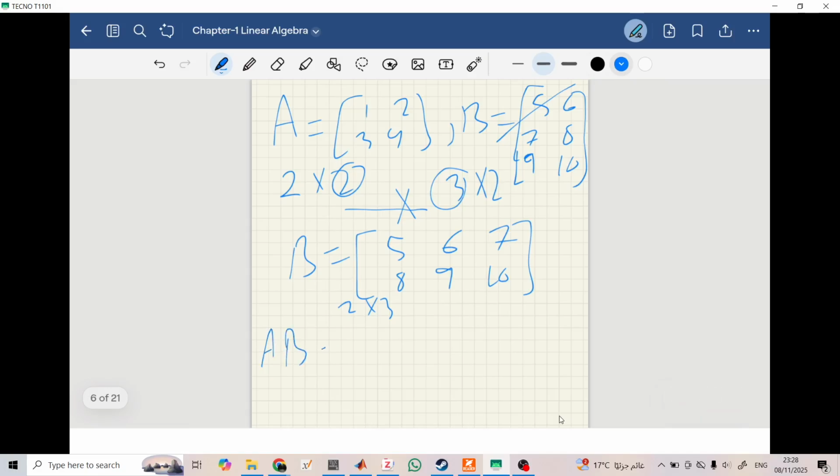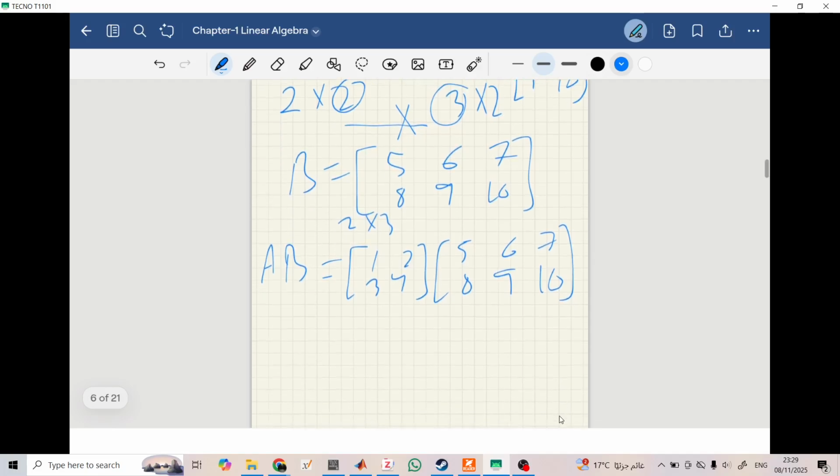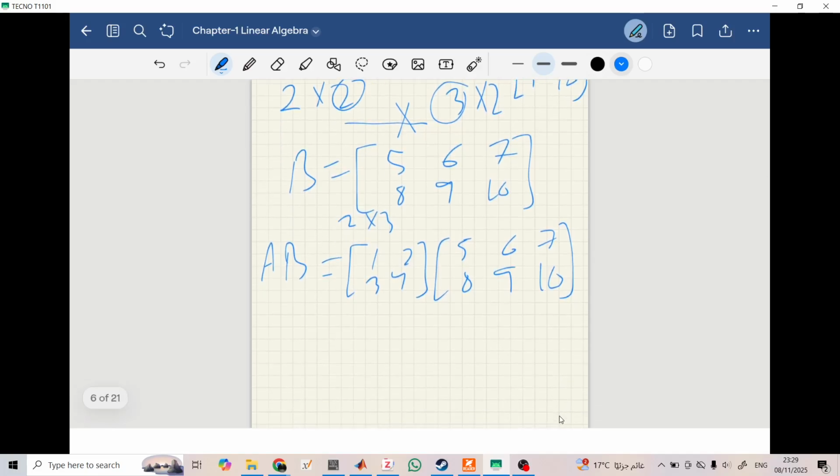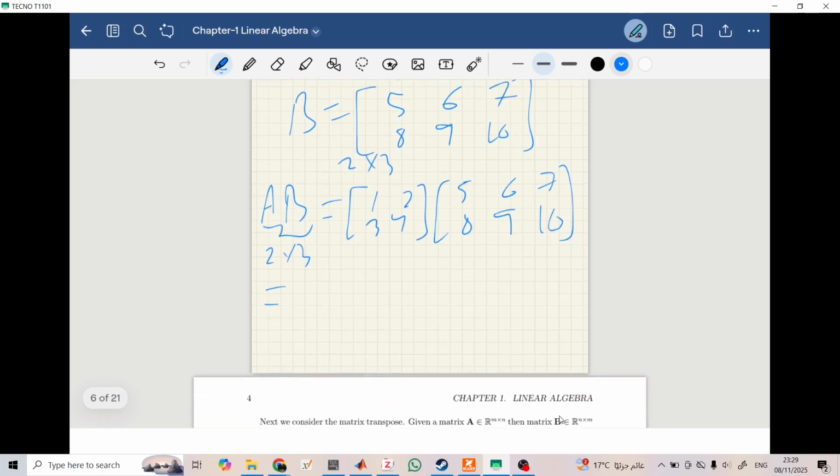A times B equals 1 2 3 4 times 5 6 7 8 9 10. Before that, what will be the resulting matrix dimension? It will be 2 by 3, right? So it will be a fat rectangular matrix.